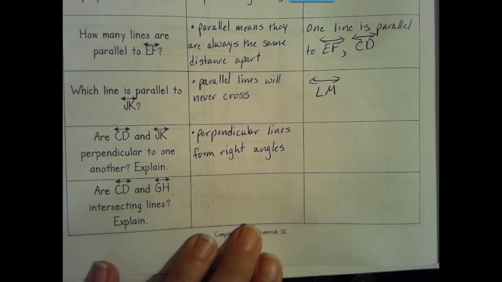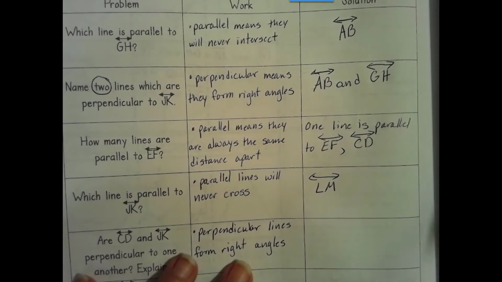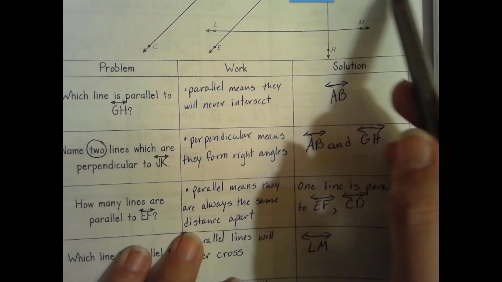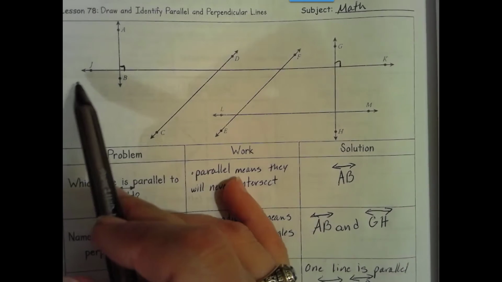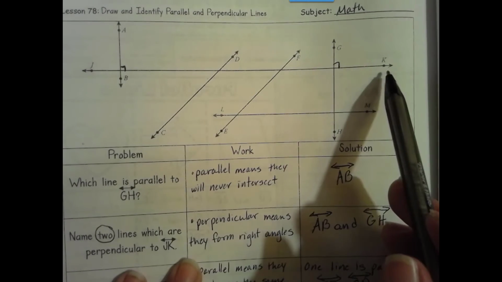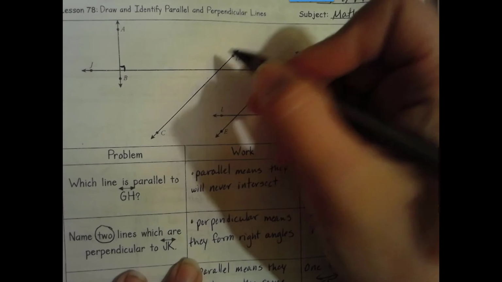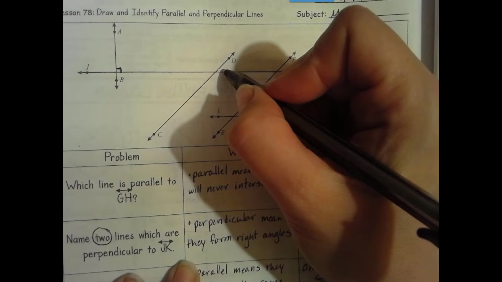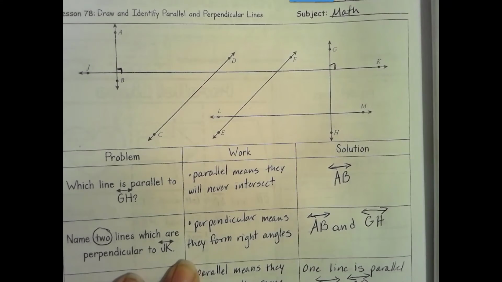So we're looking at CD and JK. Here's JK. Here's CD. I have two obtuse and two acute. I have no right angles. So they do intersect, but they are not perpendicular.